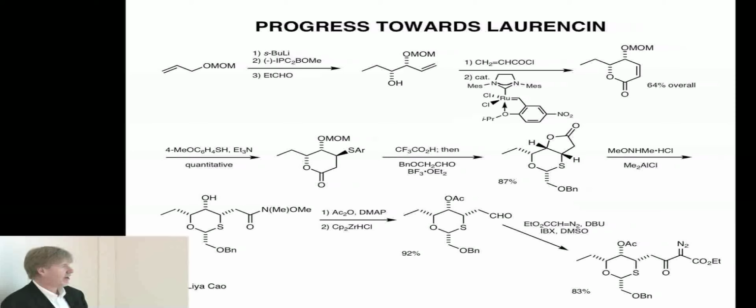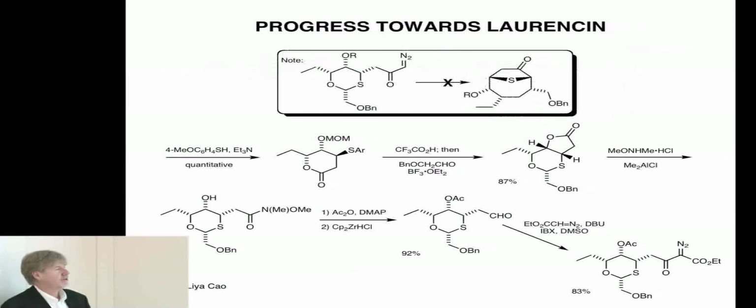We can also just saponify this, but we actually want the aldehyde so that we can make the diazoketoester in a single step using these very interesting conditions. Ethyl diazoacetate, base, in situ oxidant, IBX, takes us directly from the aldehyde to the diazoketo ester.